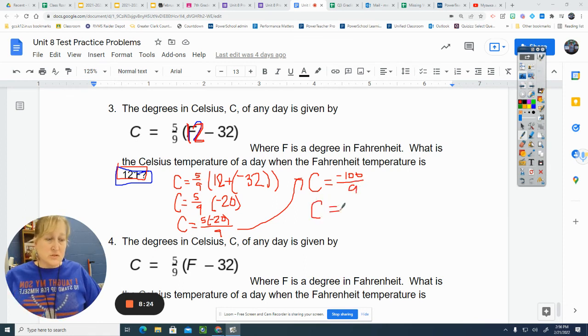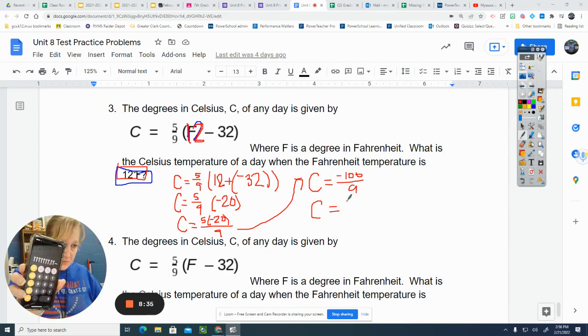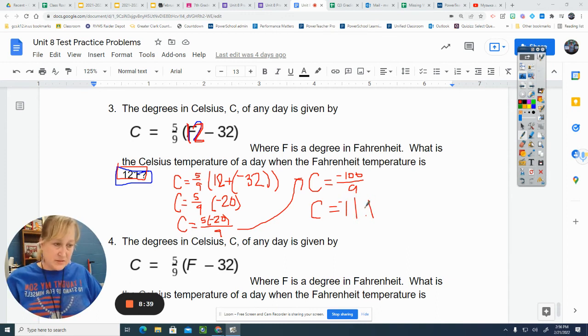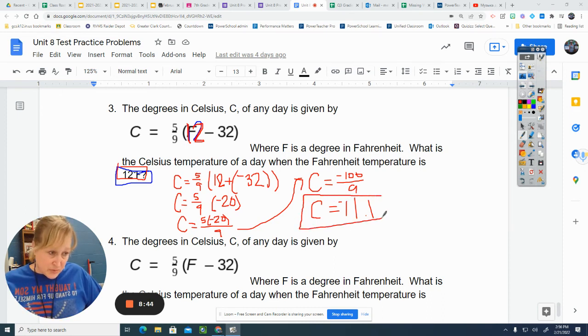I'm going to have to use my calculator. Clear, clear, clear. Negative 100 divided by 9 equals negative 11.11, and rounded it's negative 11.1. So your answer on the other page will be this.